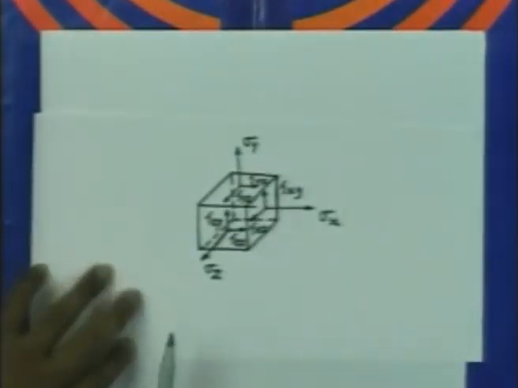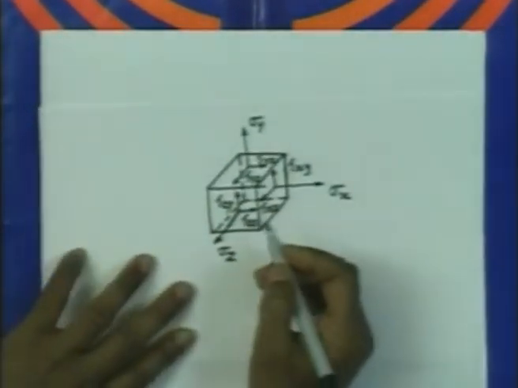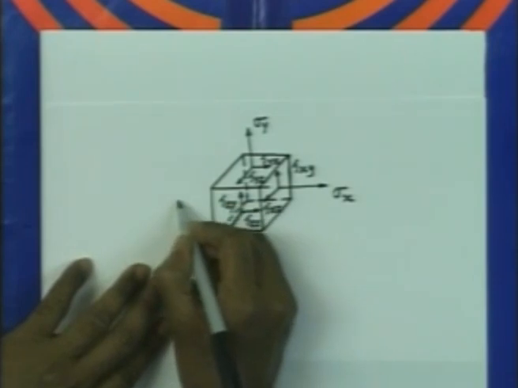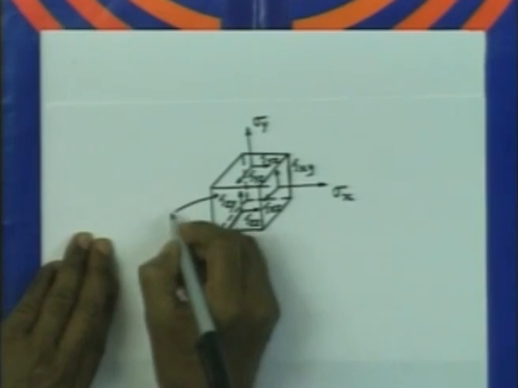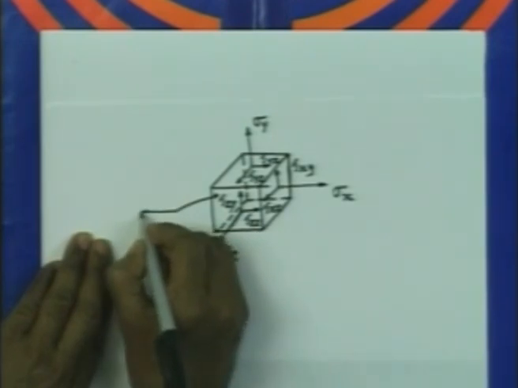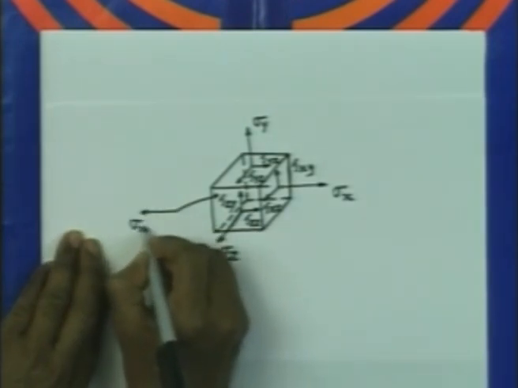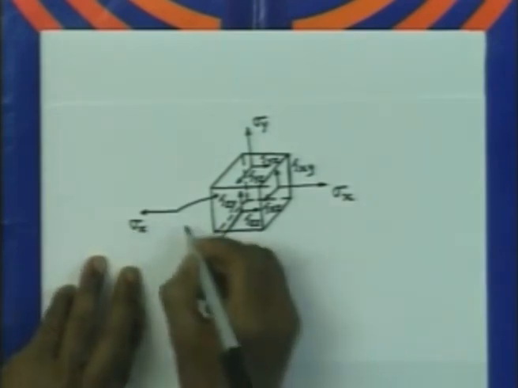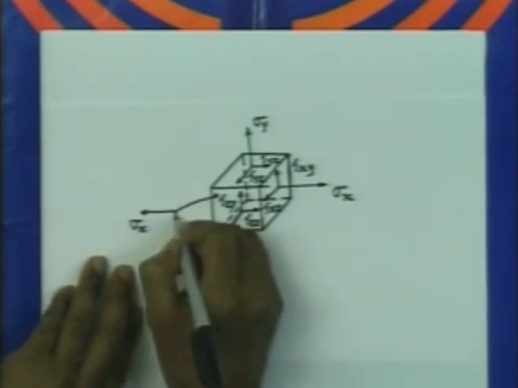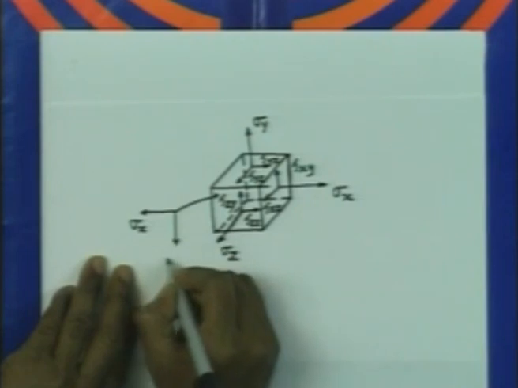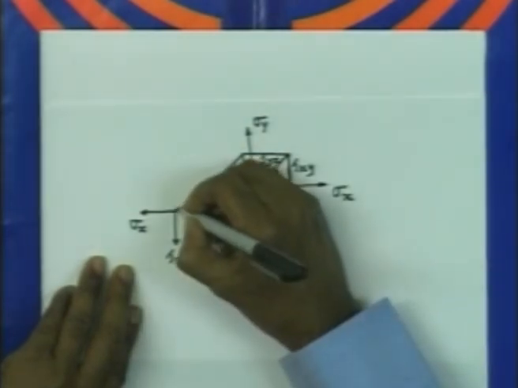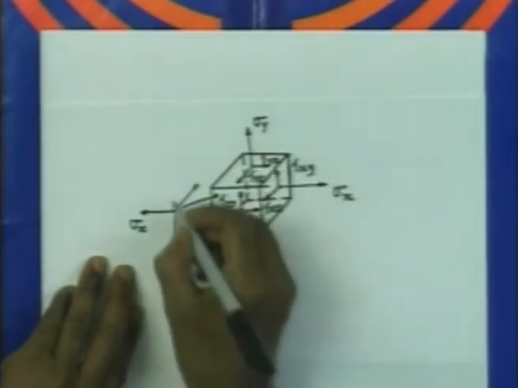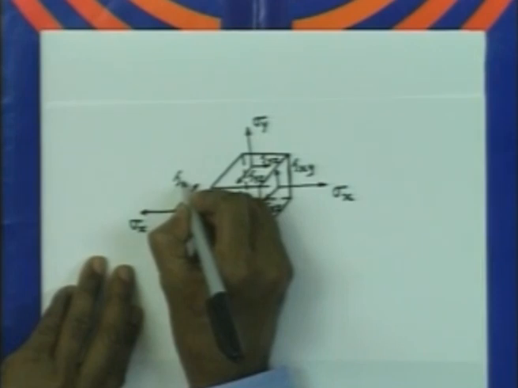So we can now draw the stresses on the negative face. If we want to show this stress on this face, it is going to be nothing but sigma x directed in the negative x direction, and shear stress is going to be tau xy, it is directed in the negative y direction, and the shear stress in the z direction is going to be directed like this.